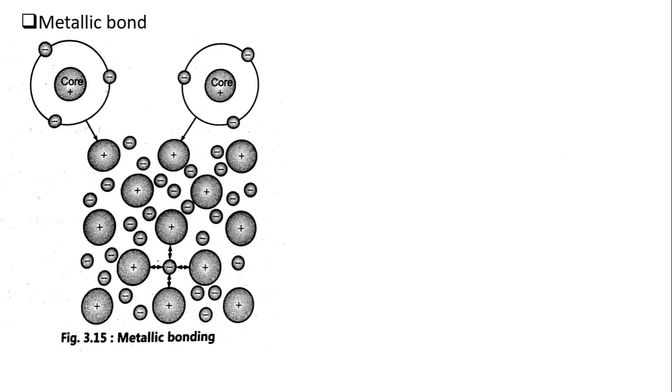Okay. Then metallic bonds. Metallic bonds are formed by sharing of valence electrons of all the atoms of a metal. The atoms in the metal are held together by this bond. In metals, the valence electrons of the constituent atoms are free to move about throughout the crystal.